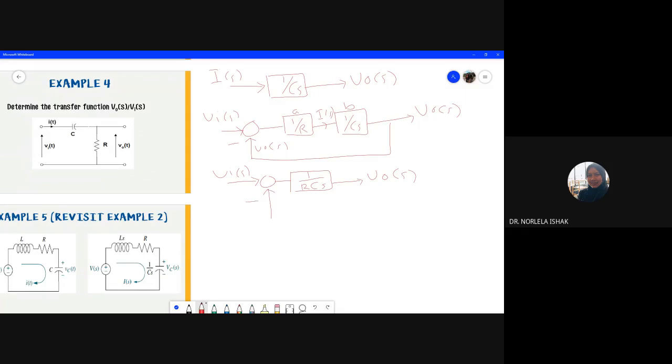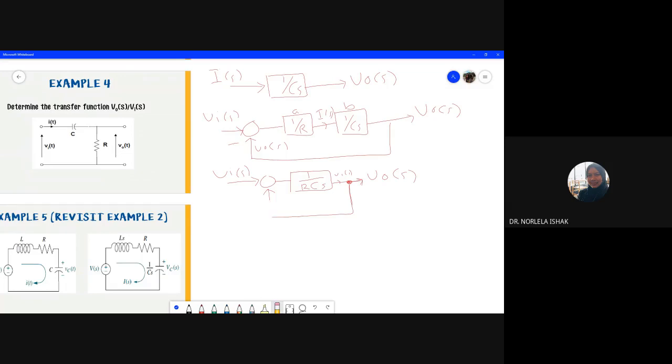This is a minus. From the output, we feed back here. This is also V naught because this is a summing point, this is a pick-off point. The signal V naught here is the same here, meaning here also V naught.